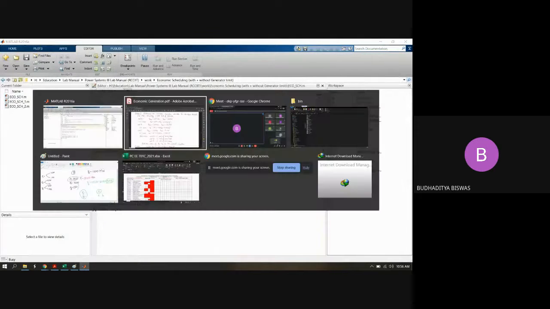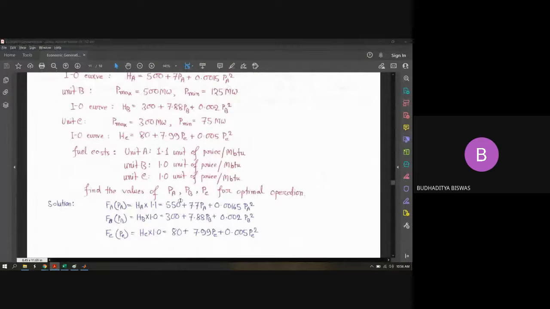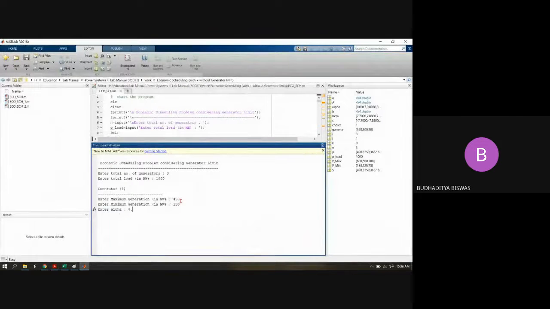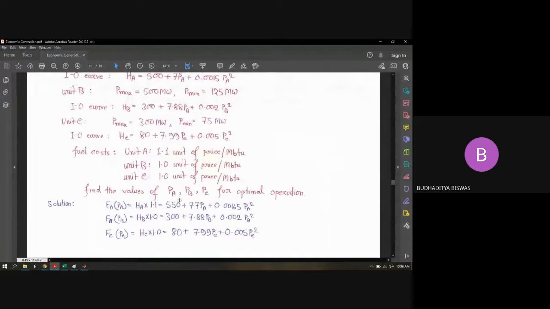Then I give the alpha, beta, gamma again: 0.00165, 7.7, 550.